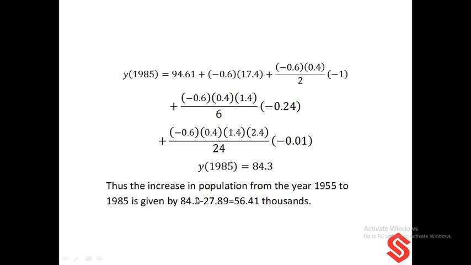So therefore the increase in population from the year 1955 to 1985 is given by 84.3 minus 27.89, which is equal to 56.41 thousands.